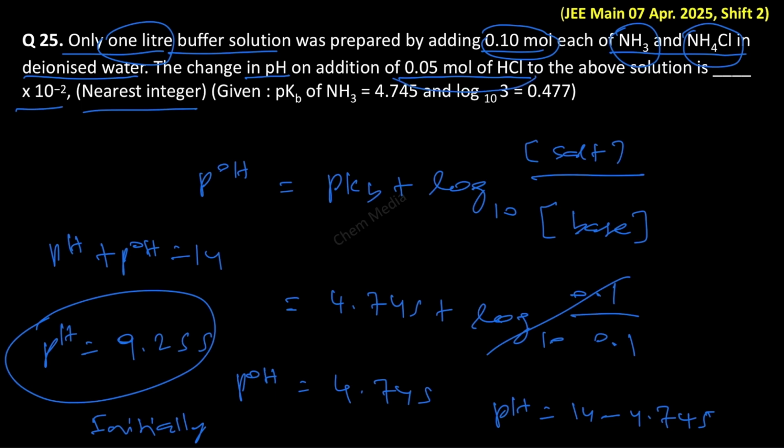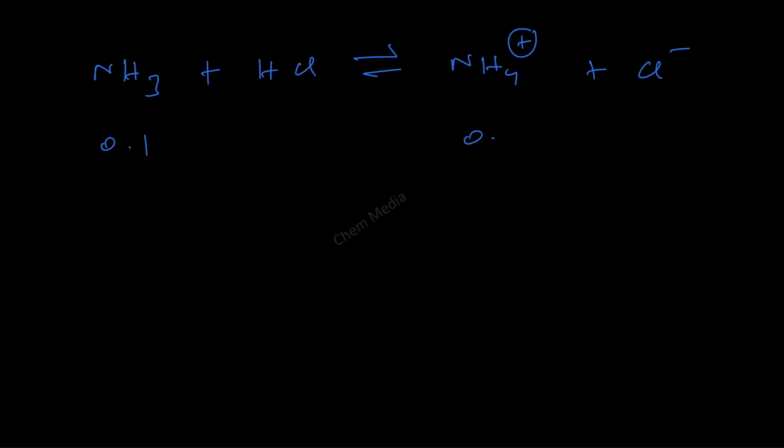Now we are adding 0.05 molar of HCl because it is mentioned 1 liter, and we know that HCl is a strong acid. So therefore ammonia reacts with the HCl, and then we would get ammonium ion plus Cl minus. Initially what we have is 0.1 molar ammonia, and ammonium ion is also 0.1 molar, and then we are adding 0.05 molar HCl.